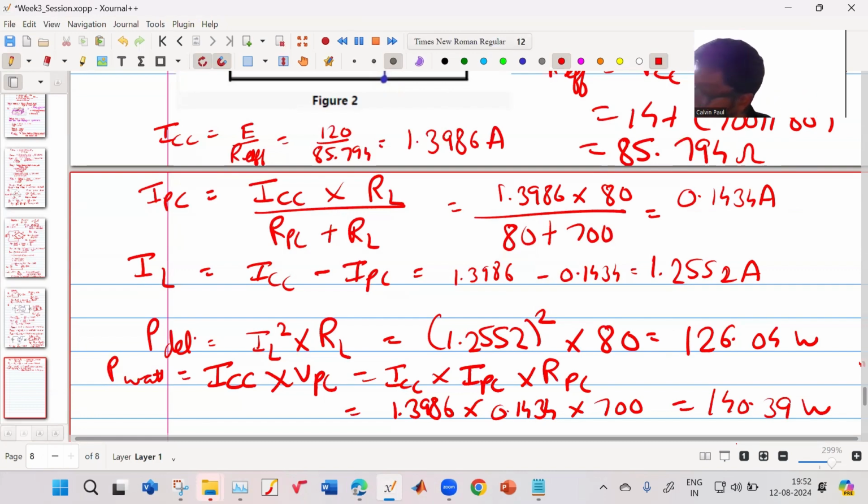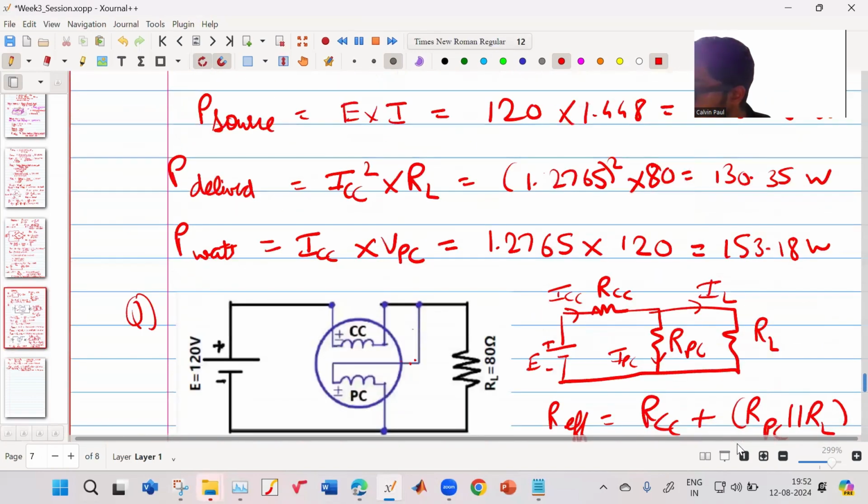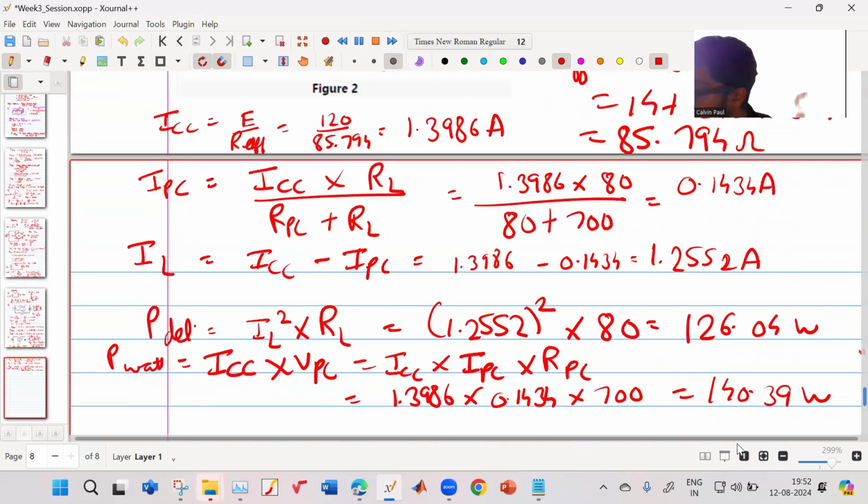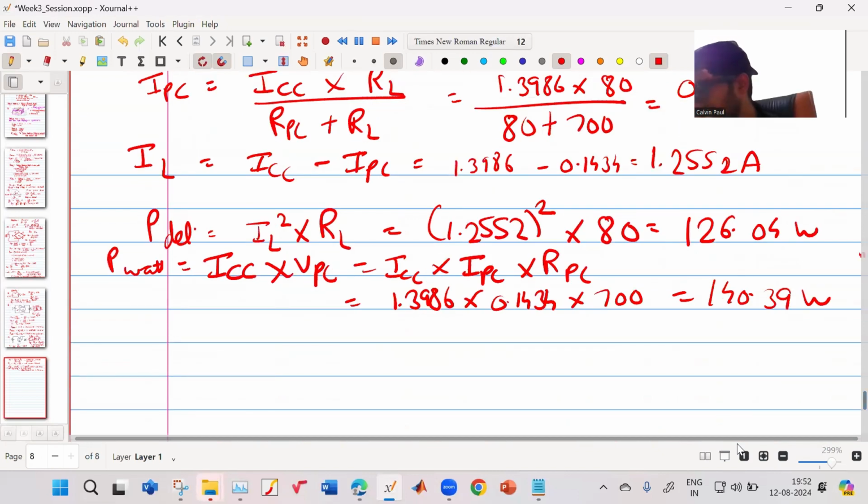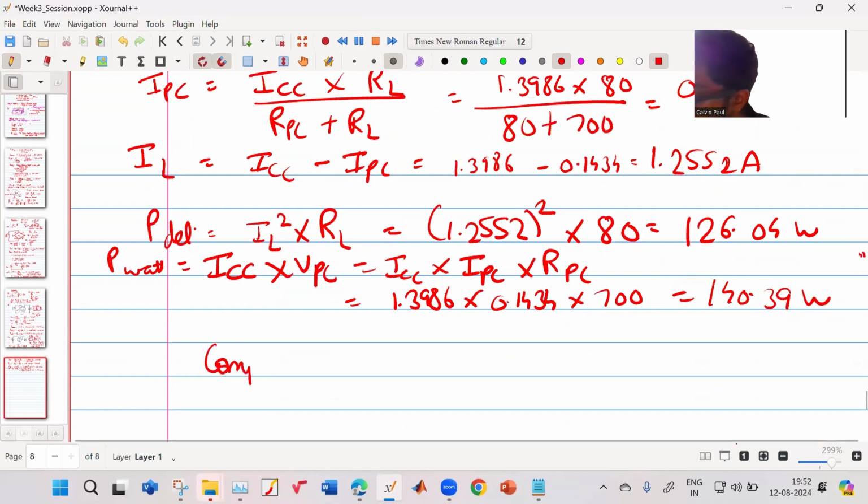Yes, correct. Exactly. So there is an error, still there is an error. Power delivered is 126 watt, but the wattmeter reads 140.39 watt. So there's an error, right? So now there is something known as a compensated wattmeter.